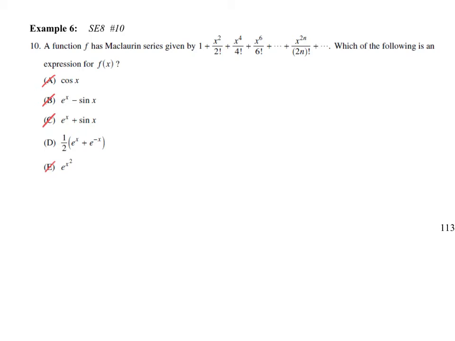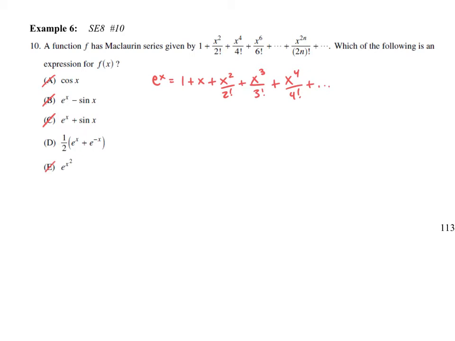Now, I just mentioned a second ago that e to the x is 1 plus x plus x squared divided by 2 factorial plus x to the third divided by 3 factorial, and so on. I don't really care too much about the general term right now.